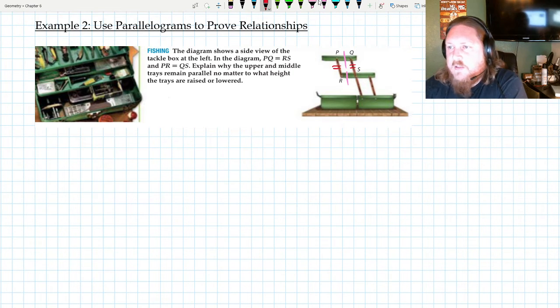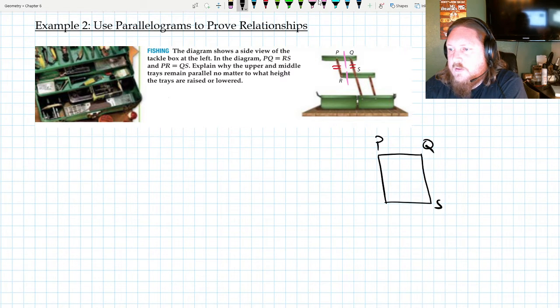So basically what we've got here is a quadrilateral PQSR, and if it's a parallelogram, then we know that these two sides are parallel, which represent the upper and middle shelf.